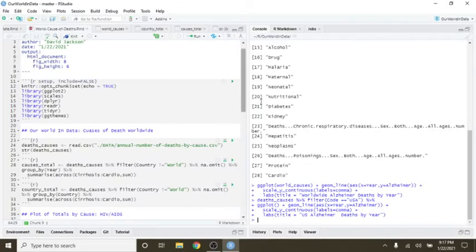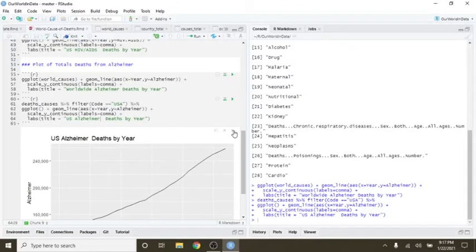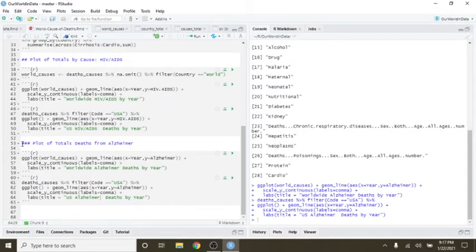You know what, let's take a look at something else. Let's do the same thing for malaria. Because malaria, you know, is a persistent problem.